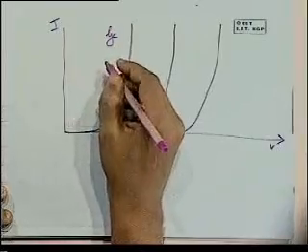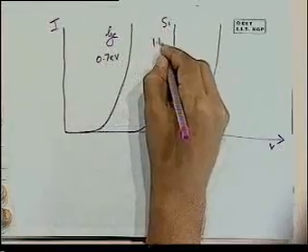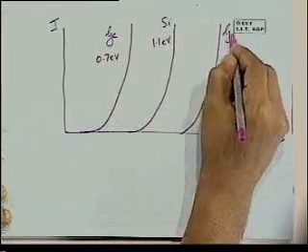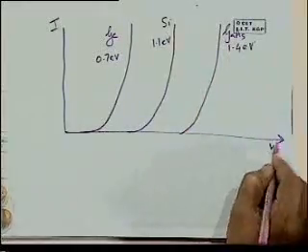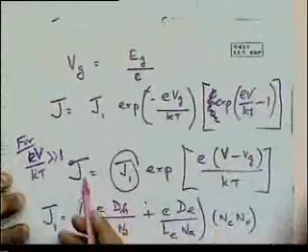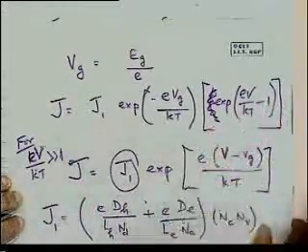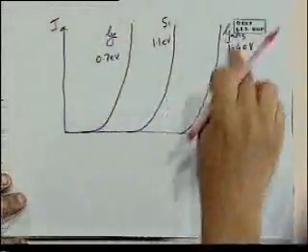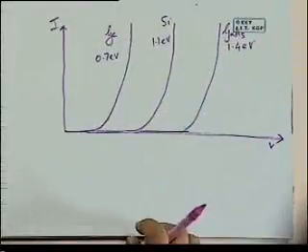Germanium, about 0.7 eV. Silicon, 1.1 eV. And gallium arsenide, about 1.4 eV. So this is the trend that we see as we plot this previous equation, J as a function of V and Vg. As Vg increases, or the band gap increases, the turn-on voltage keeps increasing.